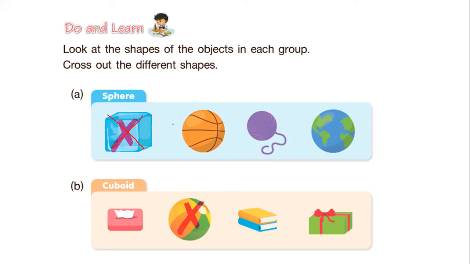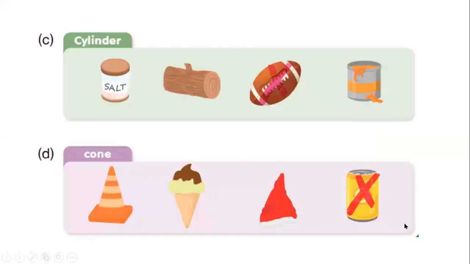So we will cross out this one. Okay, next, cylinder. This one is like a cylinder. This one is like a cylinder. This one is like a cylinder, but this one is not like a cylinder.